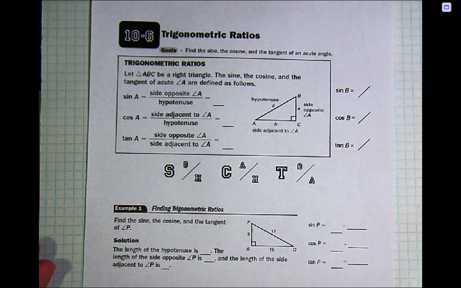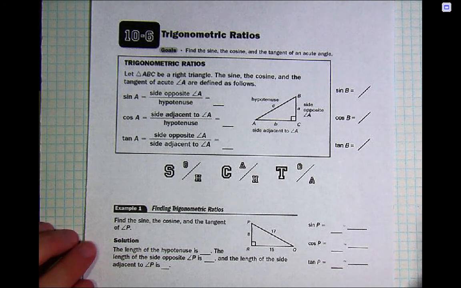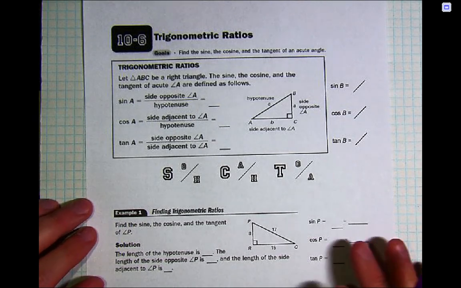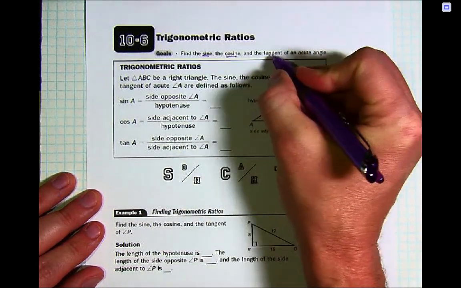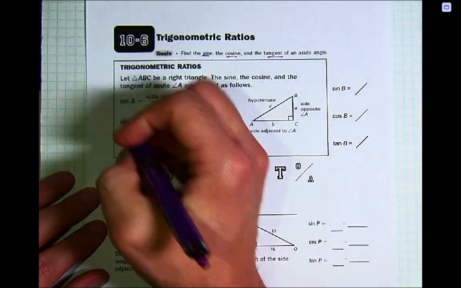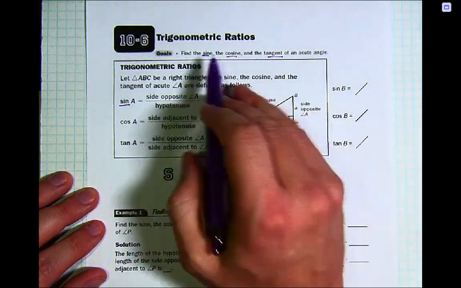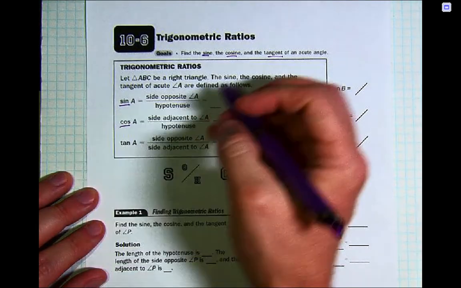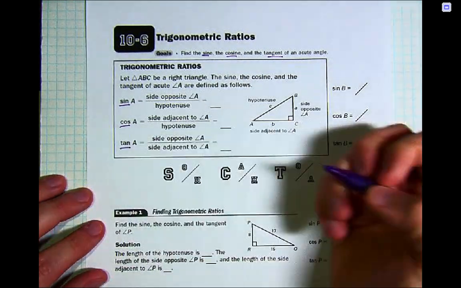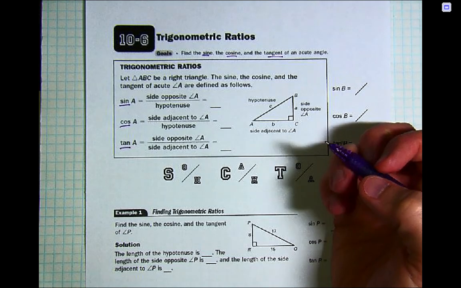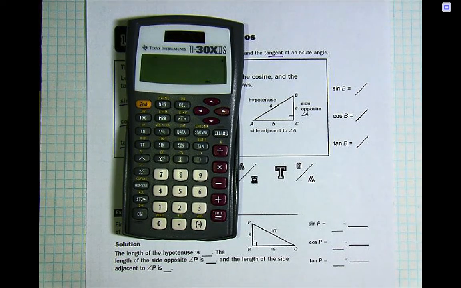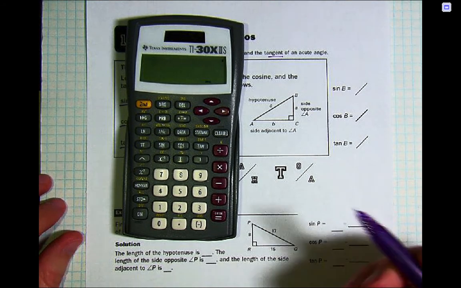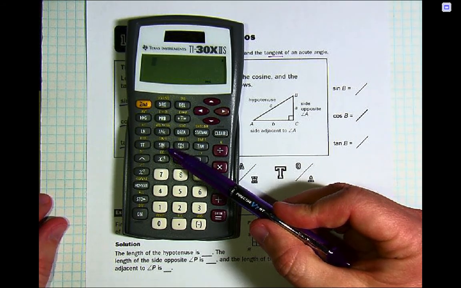But for now, let's really hammer home, what are our three trigonometric ratios? Our three trigonometric ratios are called sine, cosine, and tangent. We abbreviate that SIN for sine, COS for cosine, and TAN for tangent. So now, if you go to your scientific calculator and you were always wondering, why is there a button that says sin on it?